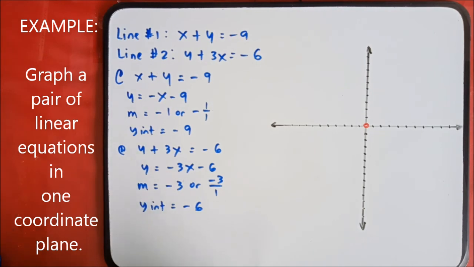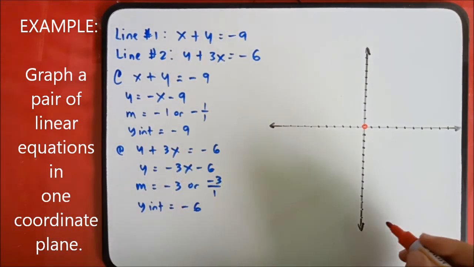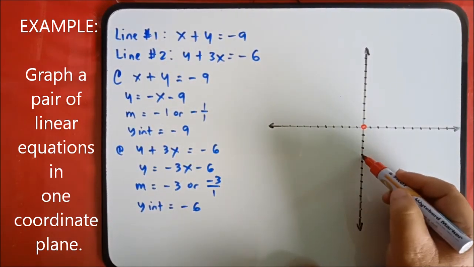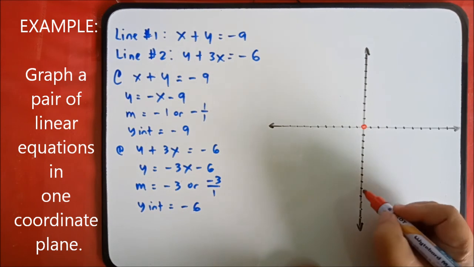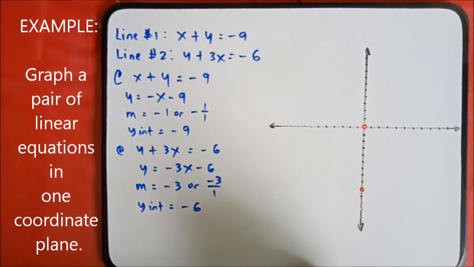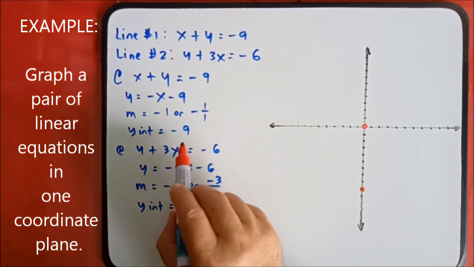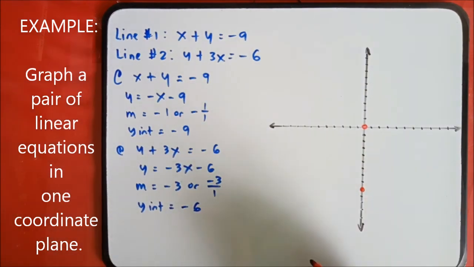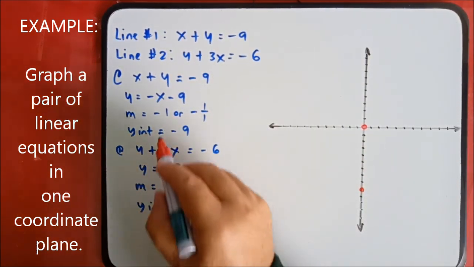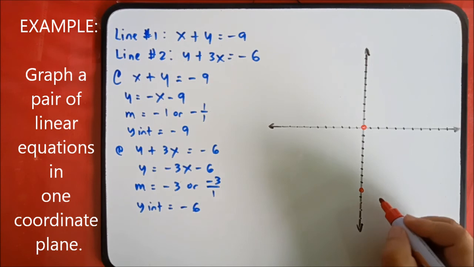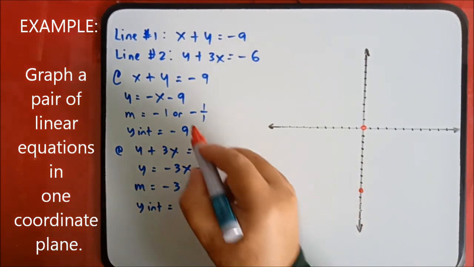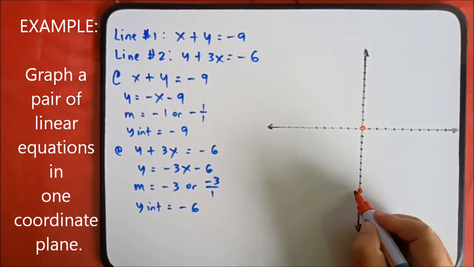Ngayon, ipa-plot natin ngayon. How will we plot this? Okay. Meron tayong y-intercept. 1, 2, 3, 4, 5, 6, 7, 8, 9. Andito ang y-intercept natin. Bakit dito? Kasi negative 9 sa baba ng 0. Okay. Now, we will take the slope. 1 for the run. Pabaligtad kasi negative. 1.